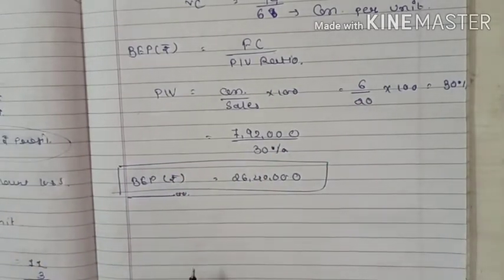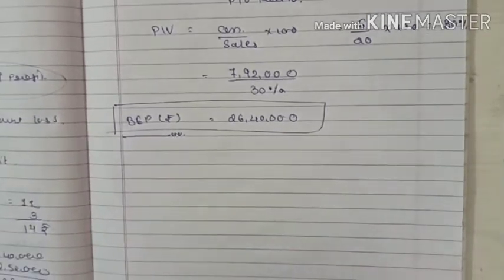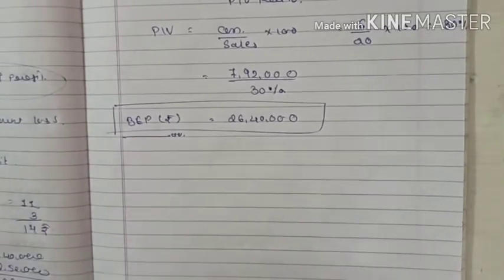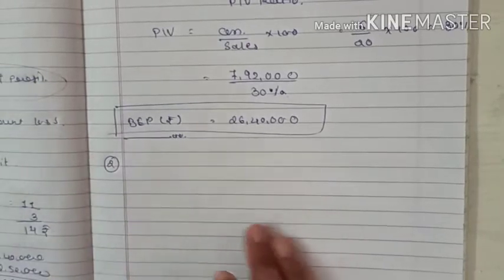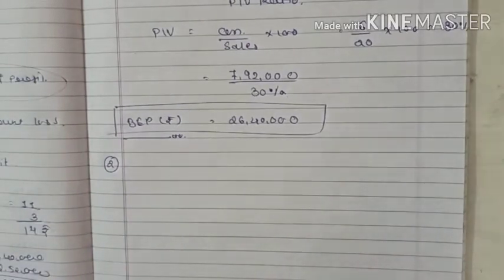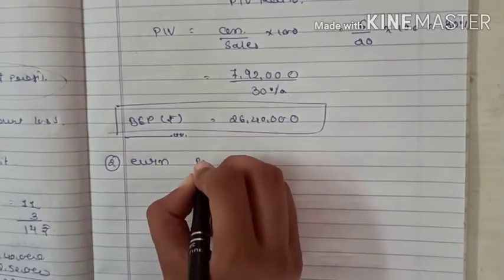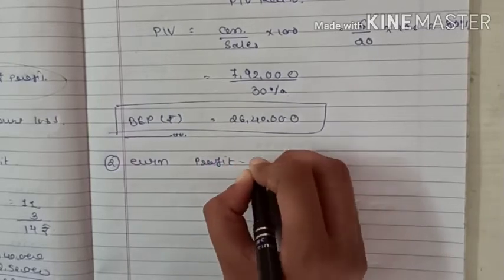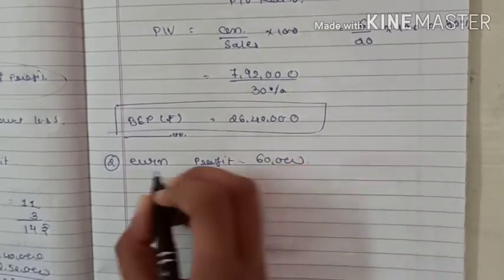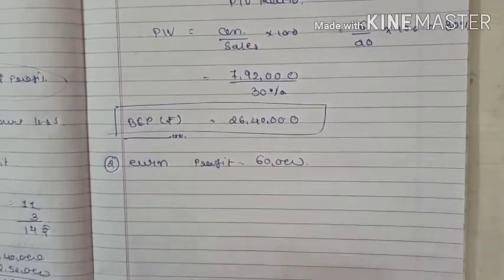Right? Now second question is sales required in units to earn a profit of rupees 60,000. To earn a profit of rupees 60,000, we have to find out the necessary sales in units.